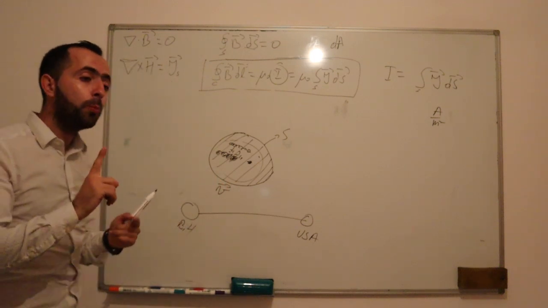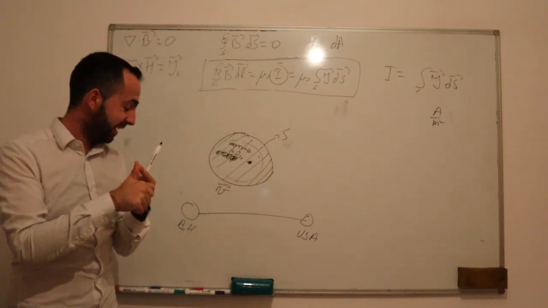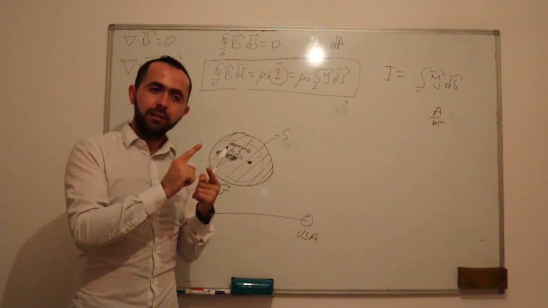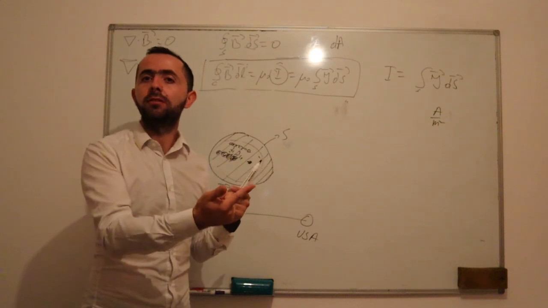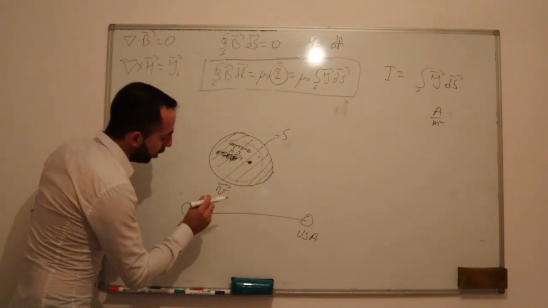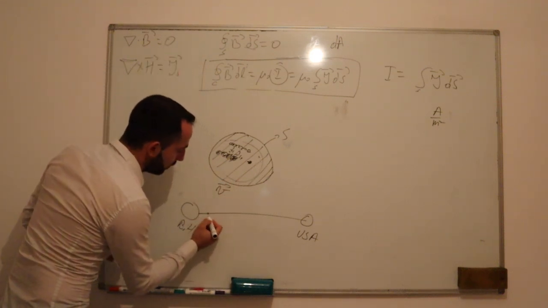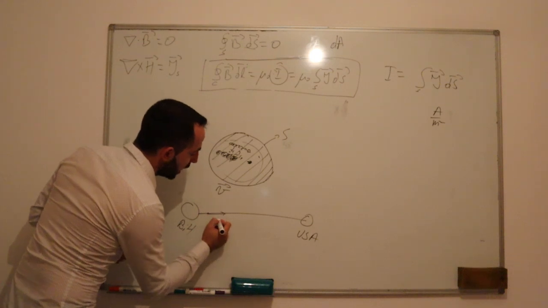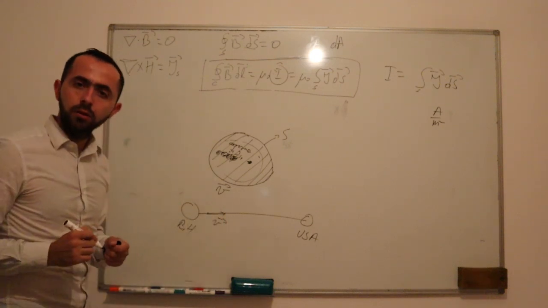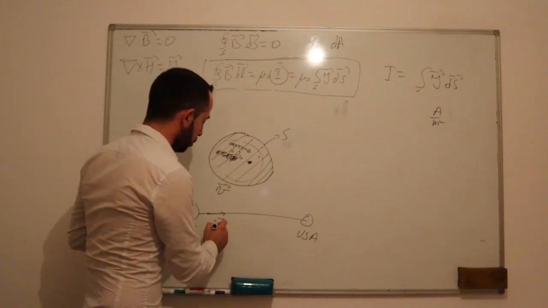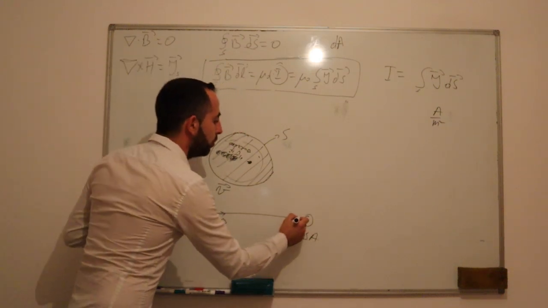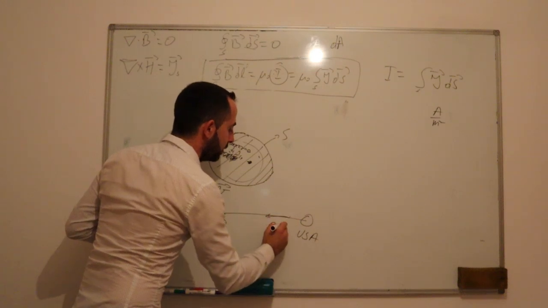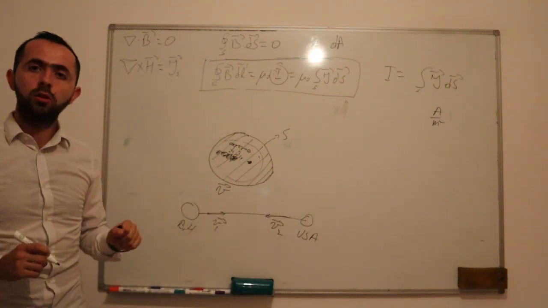But in order to be a vector, it must have another characteristic. That is a direction. Do I travel from Bosnia to USA with a velocity v1, or from the USA to Bosnia with velocity v2?